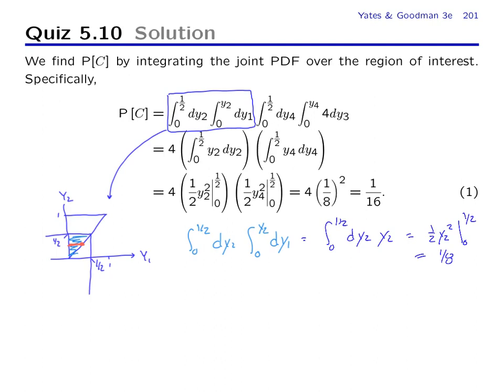So if you check back on the first slide of this problem, we set up this integral the opposite way. We integrated y1 from 0 to a half. And then we integrated y2 from y1 to 1/2.